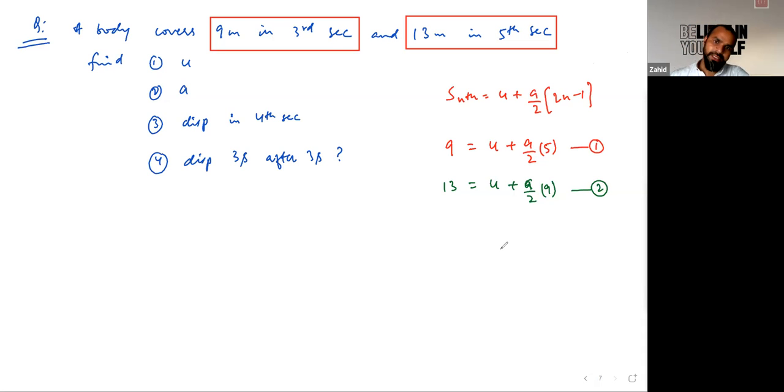I'm giving you some hint. Since u and u have the same coefficient, just try to eliminate u by subtracting these two equations. Simply subtract these two equations, u becomes cancelled, so we are left with only a. From there, you can easily solve a. By knowing a, put the value of a in any of these two equations to find u.